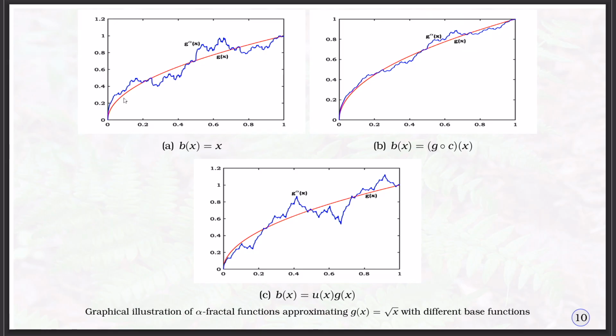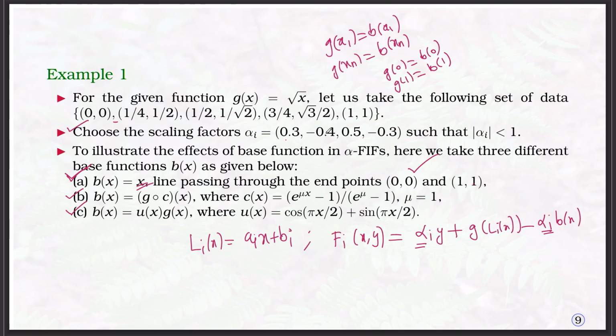The red line shows the given function root x, and the blue line shows the alpha fractal function generated by the iterated function system with b of x equal to x, with the scaling factors alpha given here as 0.3, minus 0.4, 0.5, minus 0.3.